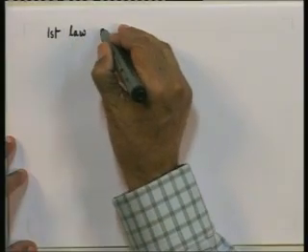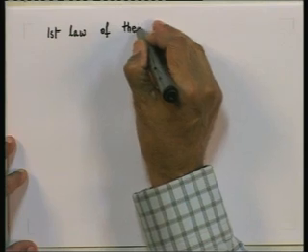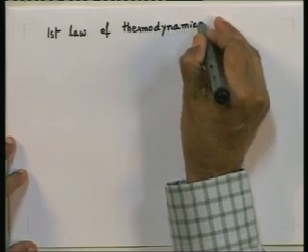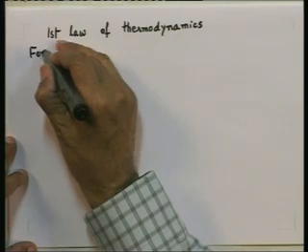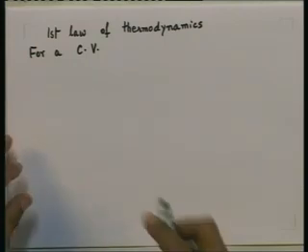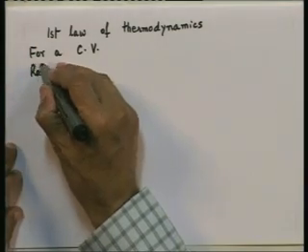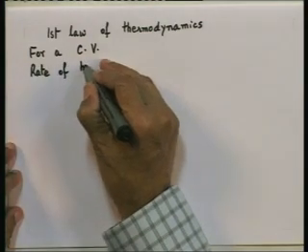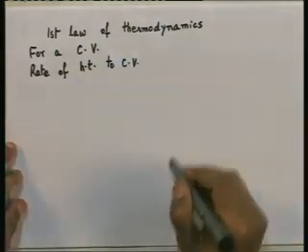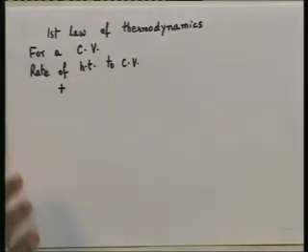In words, the first law of thermodynamics for a control volume: the statement that we are going to get is first the rate of heat transfer to the control volume plus the work done by the surroundings entering into the control volume.